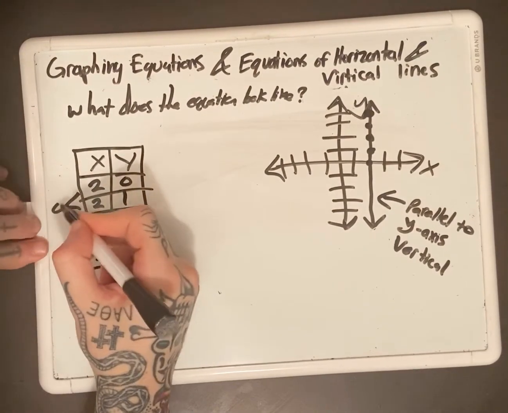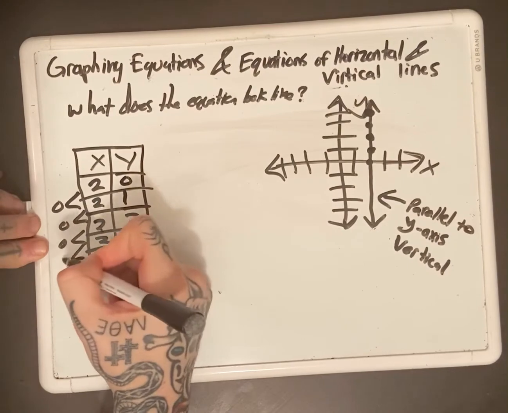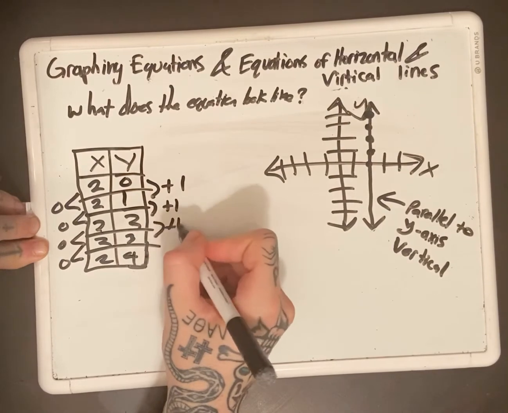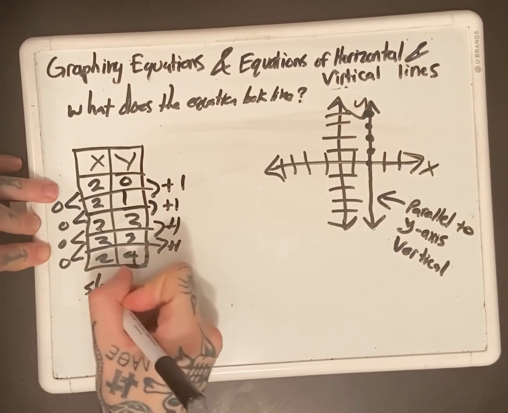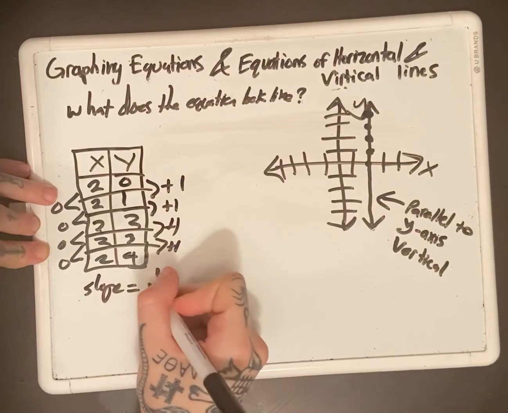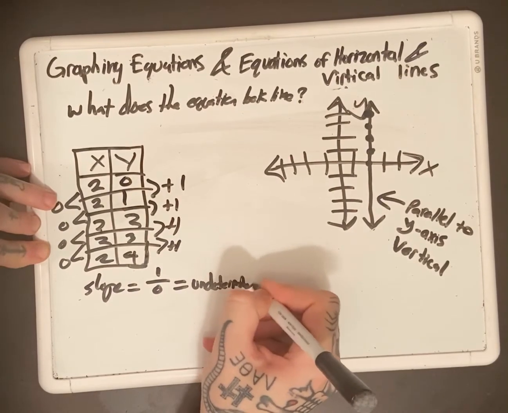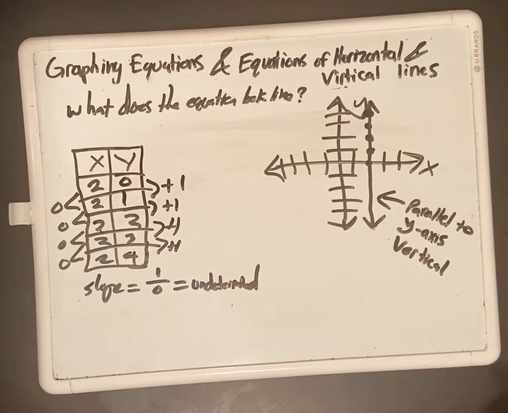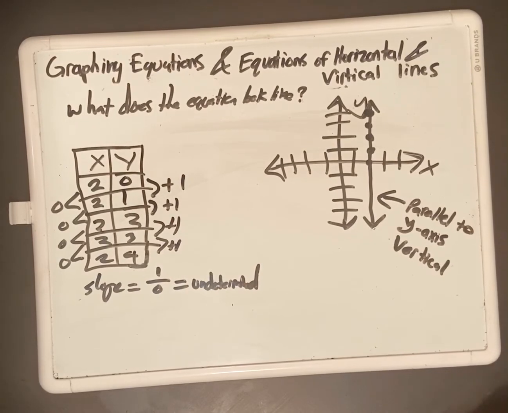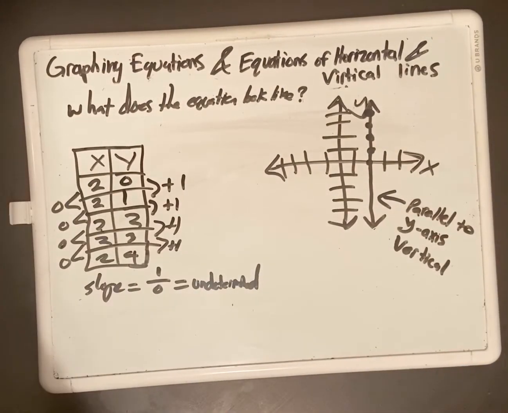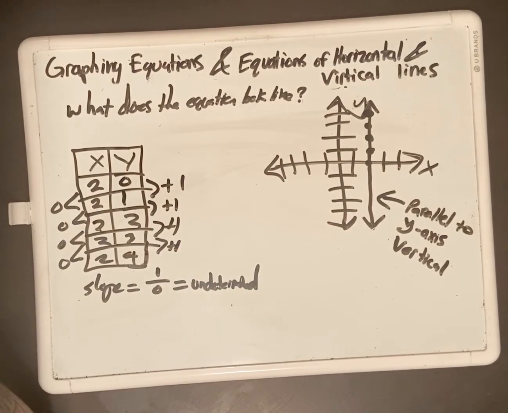So we have a rate of change of what? We have an undetermined slope. So what do we do with an undetermined slope? I mean, we've drawn it, so we know it can be drawn, but without a slope, does it mean we can find an equation?